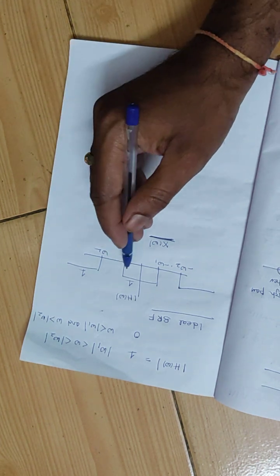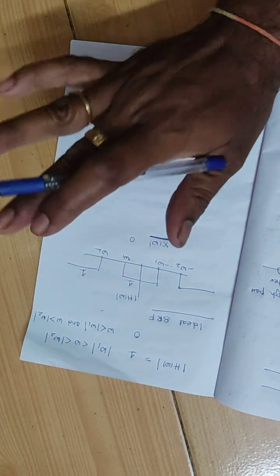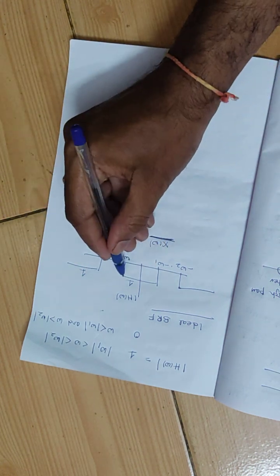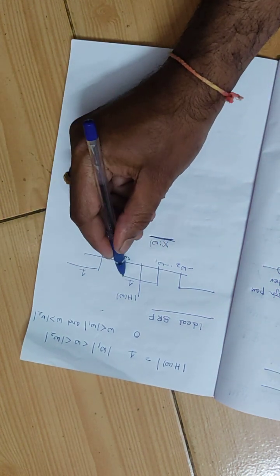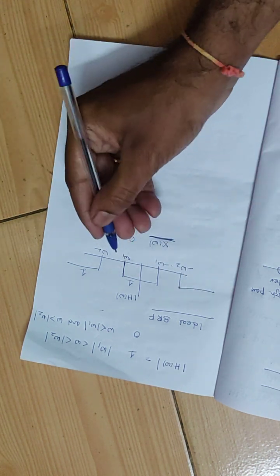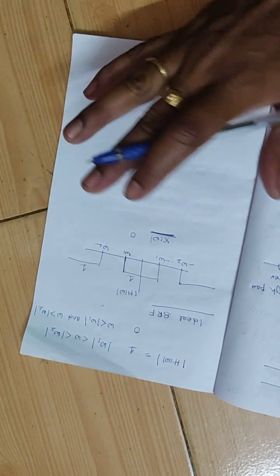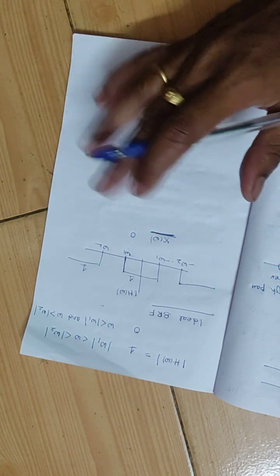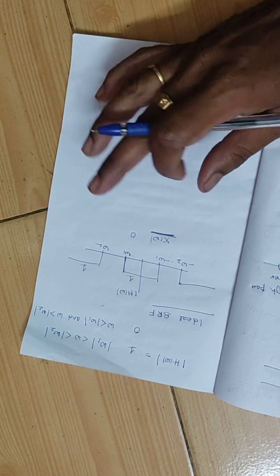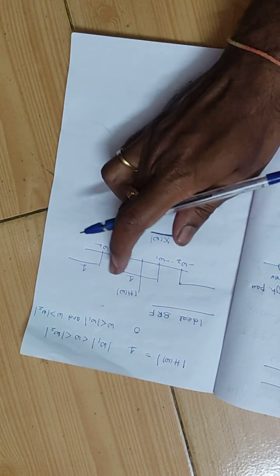Remember that all the filters we discussed now are ideal filters. Ideal filters have a sharp cutoff like this. Beyond omega 1 it will not allow, less than omega 1 it will allow. But practically this will not happen if you design using practical components; you will not get this kind of sharp cutoff.